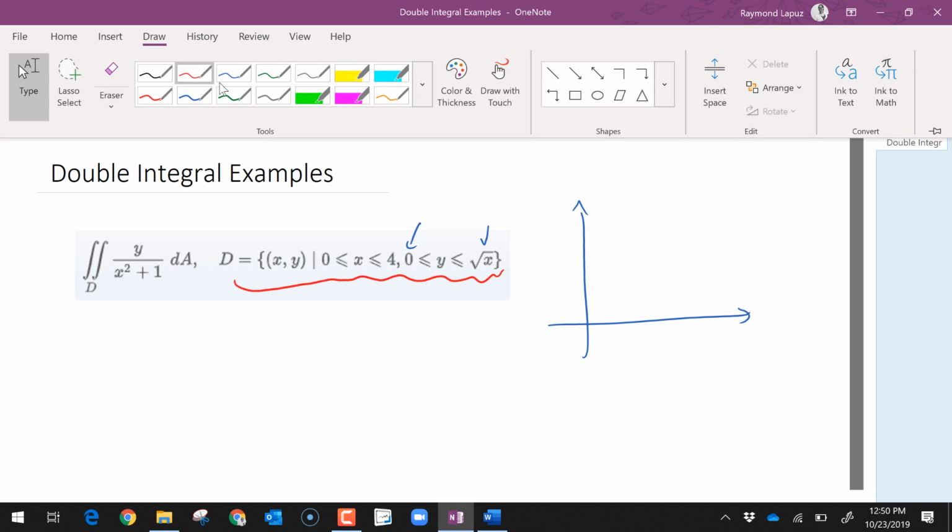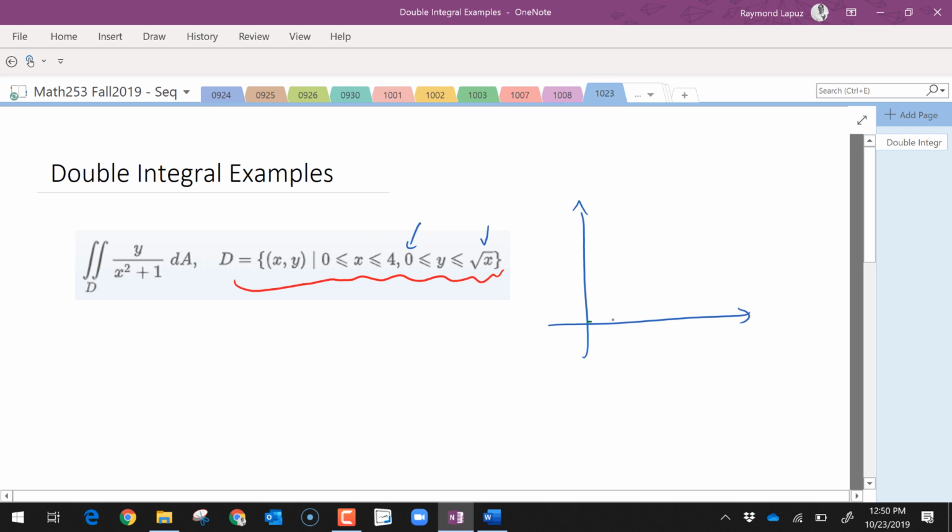So my 2 functions are 0 and square root of x, a sideways parabola. And then from here, I'm going to have 0 to 4 in my x values. And that's going to be the region that I have.